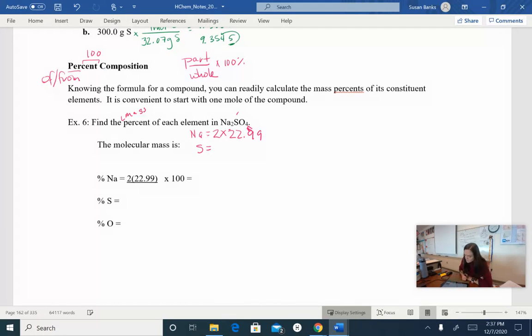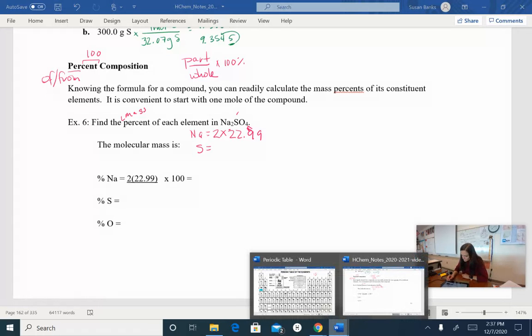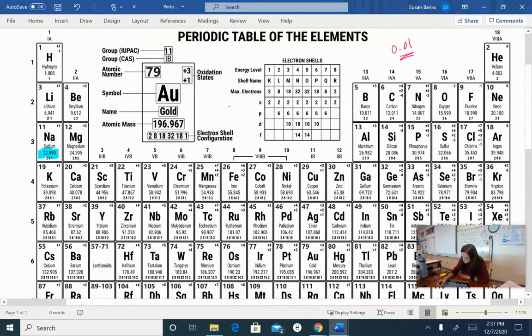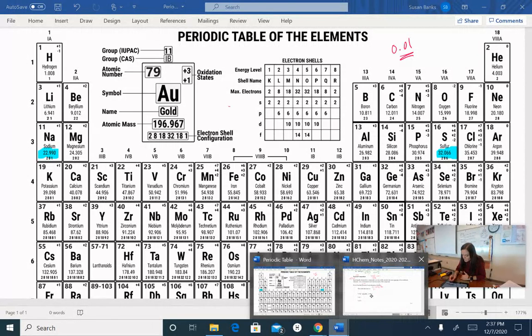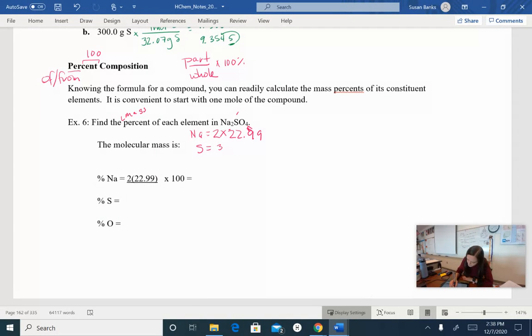Sulfur. Let's look up sulfur. We have just 1 sulfur. So sulfur is 32.066. That 6 in the thousandths place is going to tell us to round to 32.07. So we're going to round sulfur to 32.07.